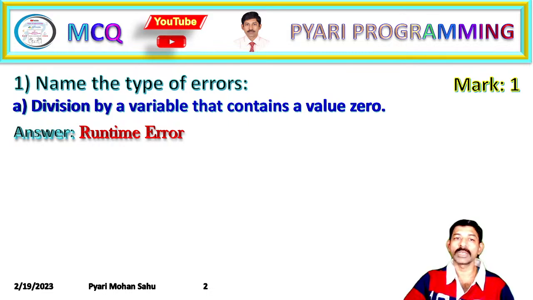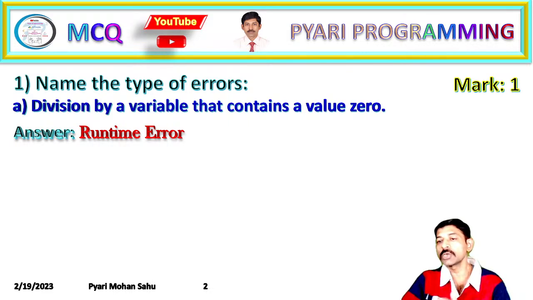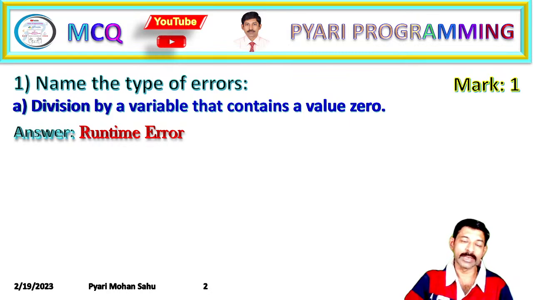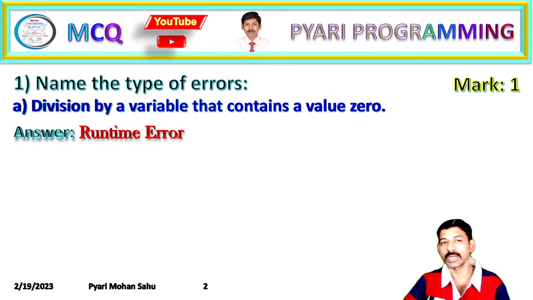If there is a specification that something needs to be done, and instead I do some other operation or get an undesired result, in those cases we can call it a logical error. But this is not a logical error. When I'm dividing, it cannot be called a syntax error either, because the numerator and denominator are available. At the time of execution, it tries to divide, and at that time the error will be generated.